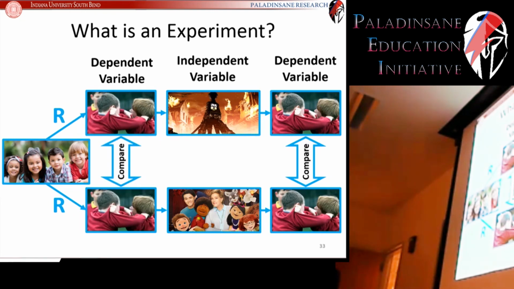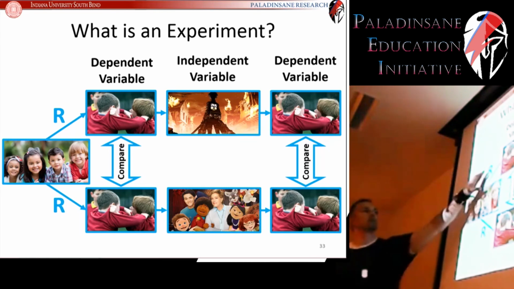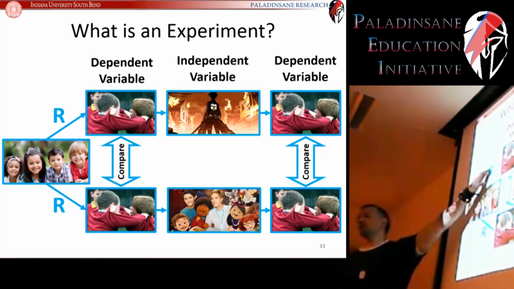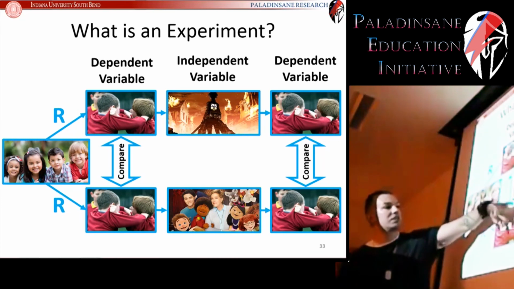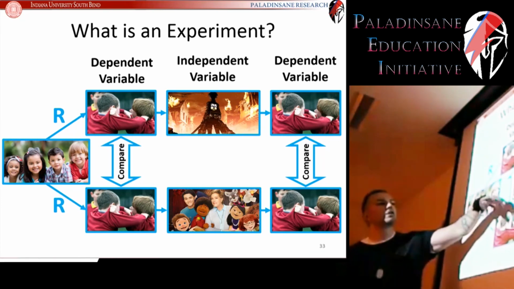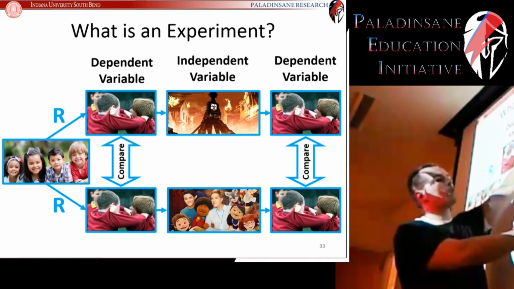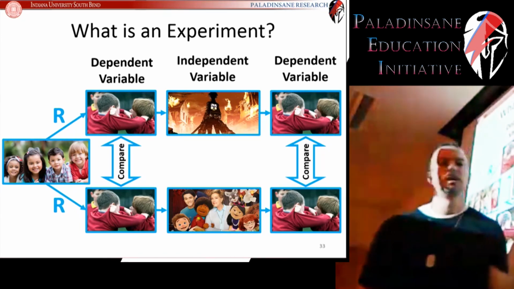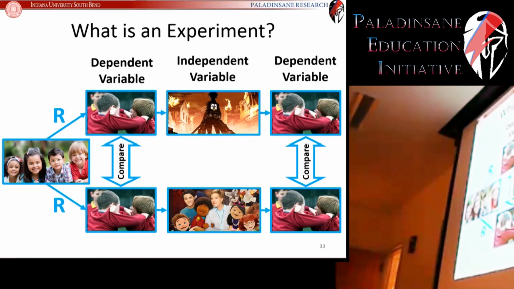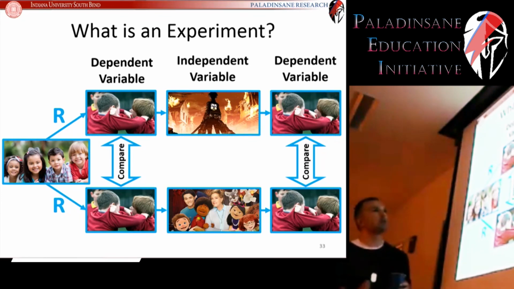One of the reasons to have it is just to make sure that the randomization worked, just to make sure that these two groups are actually equal on their level of aggression. And that gives us more confidence that, yes, this is the only factor that could have caused any difference that we see later. So that's the pretest post-test design.